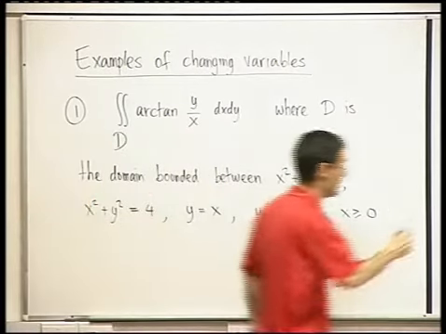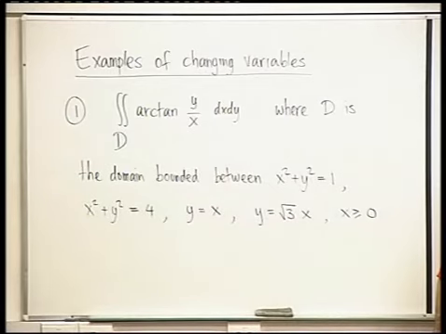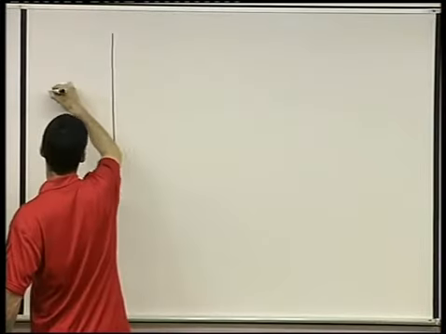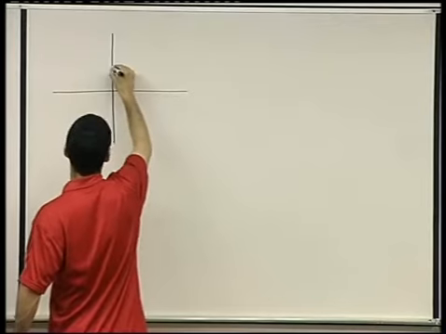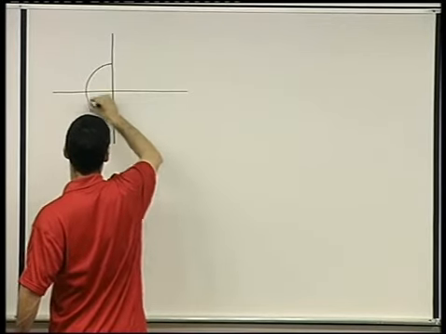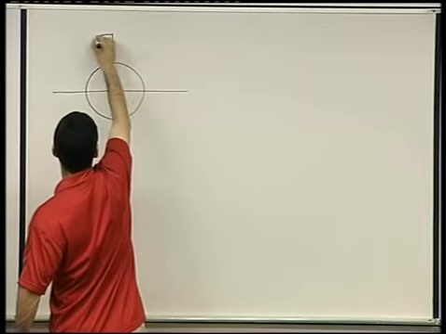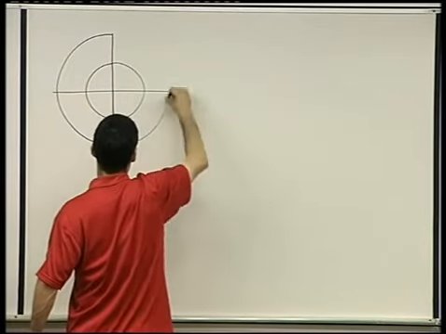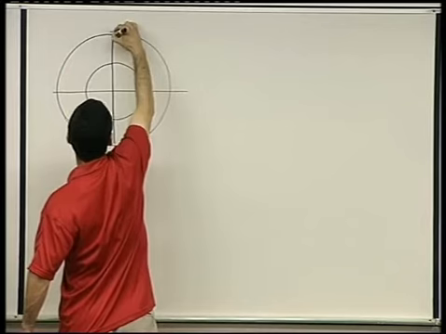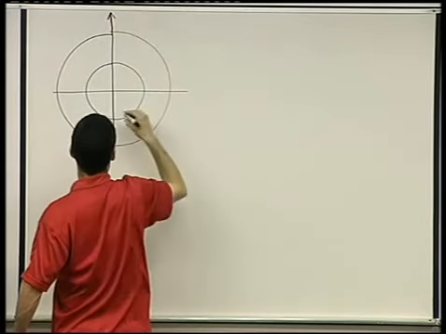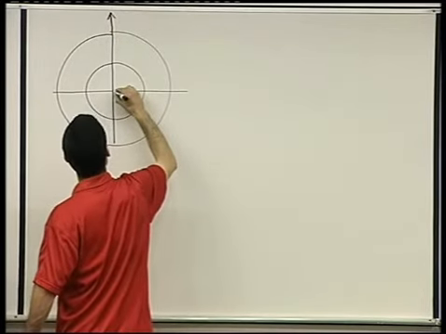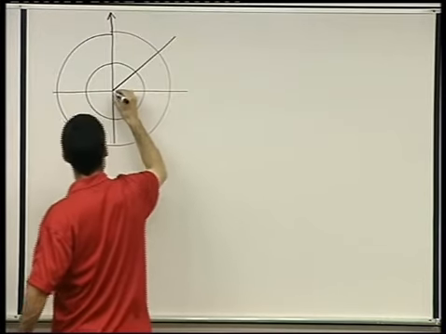Let's draw D. D is going to look something like this. Here's a circle of radius 1. Here's a circle of radius 2. Here's y equals x.